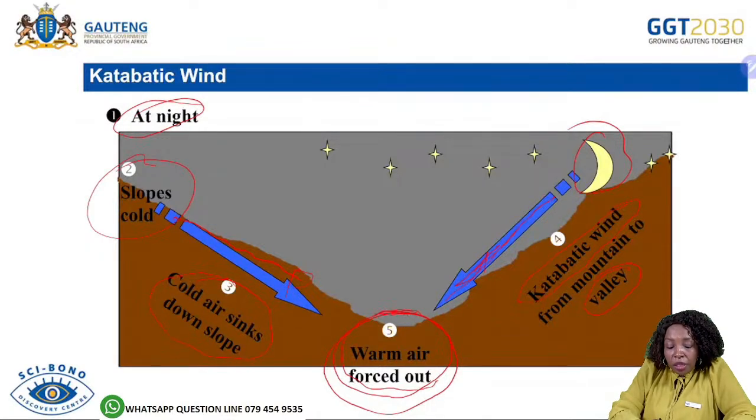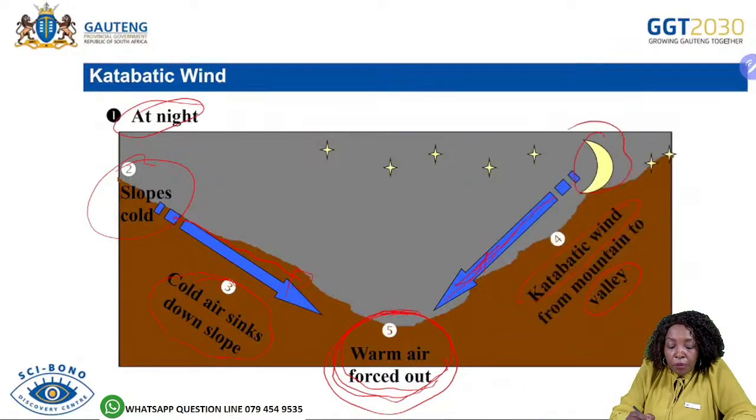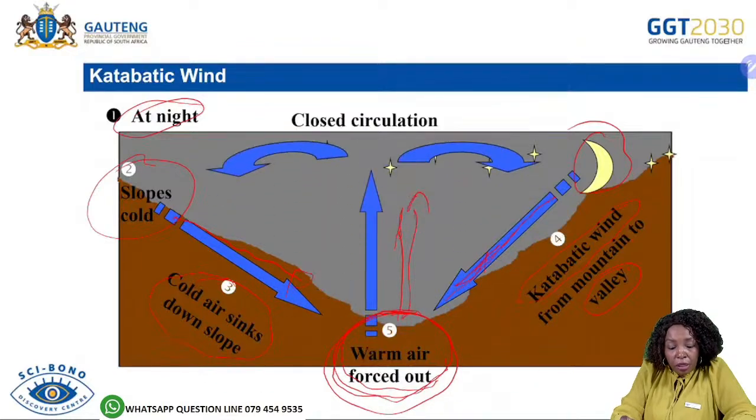With the characteristic of warm air, we know that warm air will be forced to rise. And as it rises, cooling will take place. So there will be further cooling, and upper air divergence will then conclude the circulation.